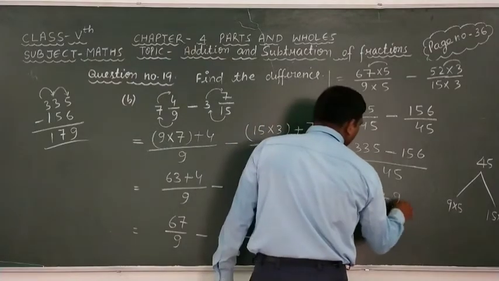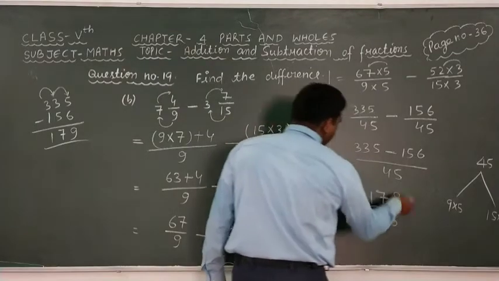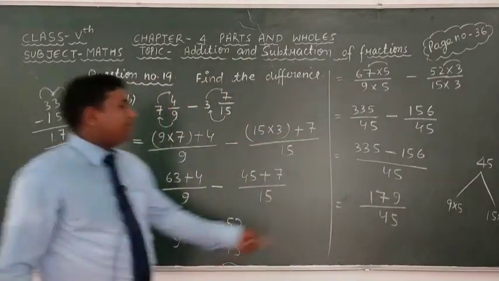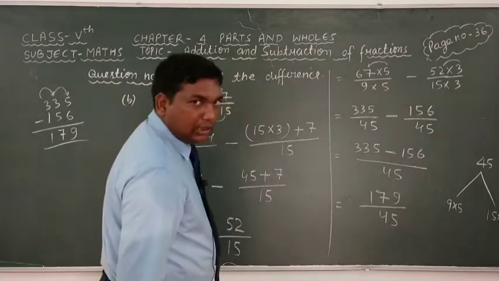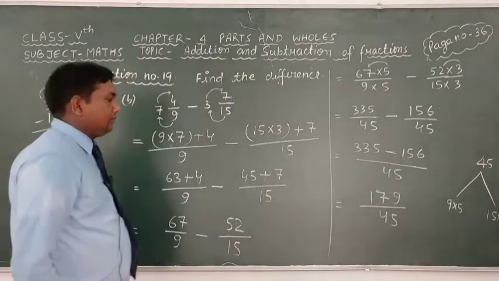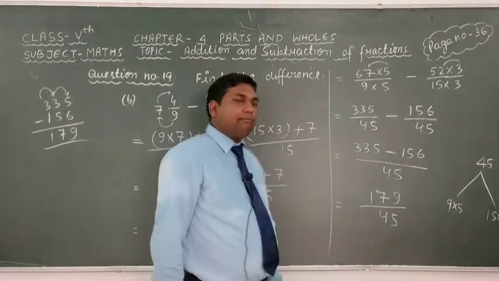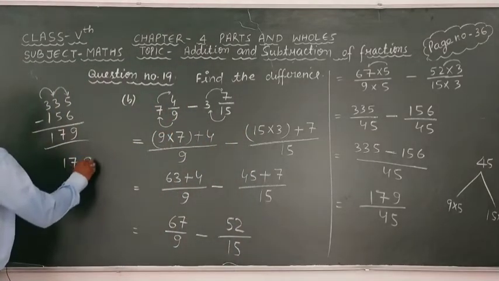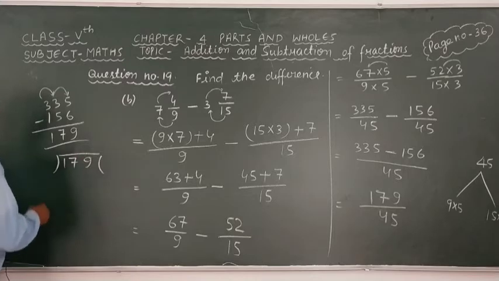179 over 45. This is an improper fraction, therefore we can change this improper fraction into a mixed fraction by taking the division of 179 by 45.